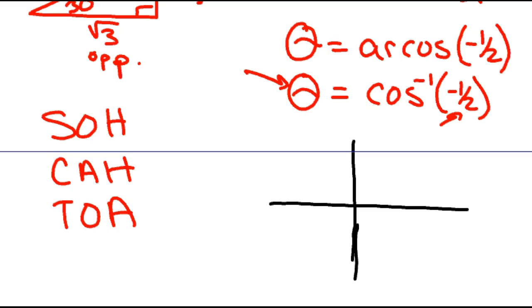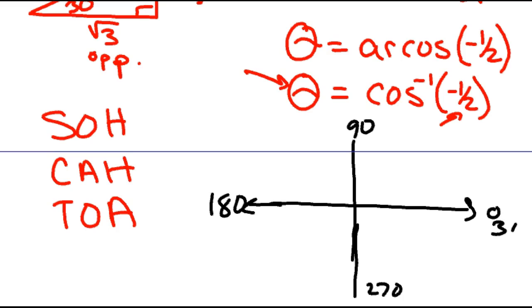So if you think about this on a full circle, here's 0, here's 90, 180, 270, and then back to 360. Where would cosine be negative in this circle? In quadrant 1, quadrant 2, quadrant 3, or quadrant 4?